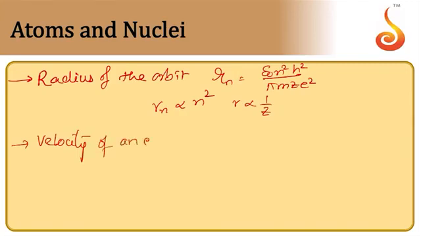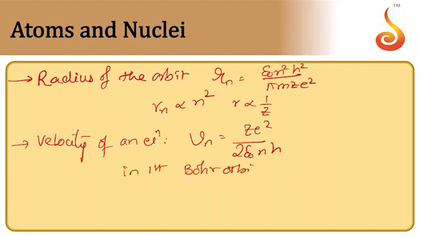Velocity of an electron in the nth orbit. The velocity of the electron in the nth orbit is given by Z e square divided by 2 epsilon naught n h. And the velocity of the electron in the first Bohr orbit is equal to c divided by 137, meter per second.